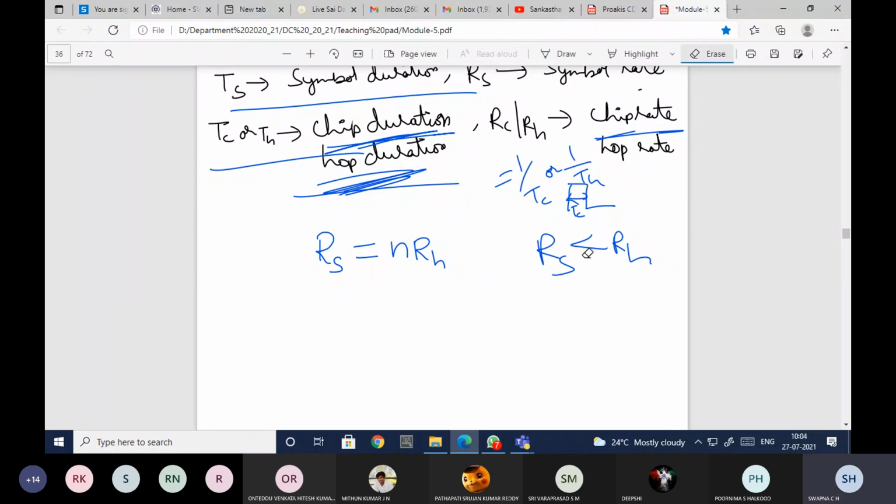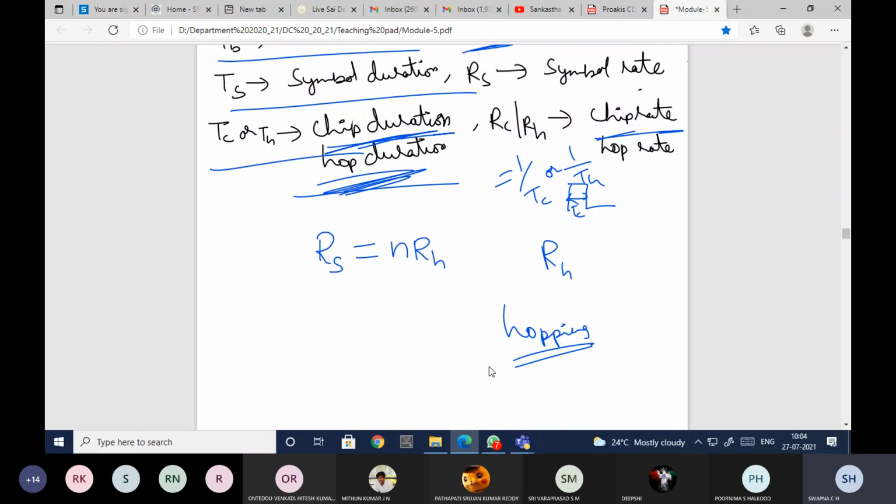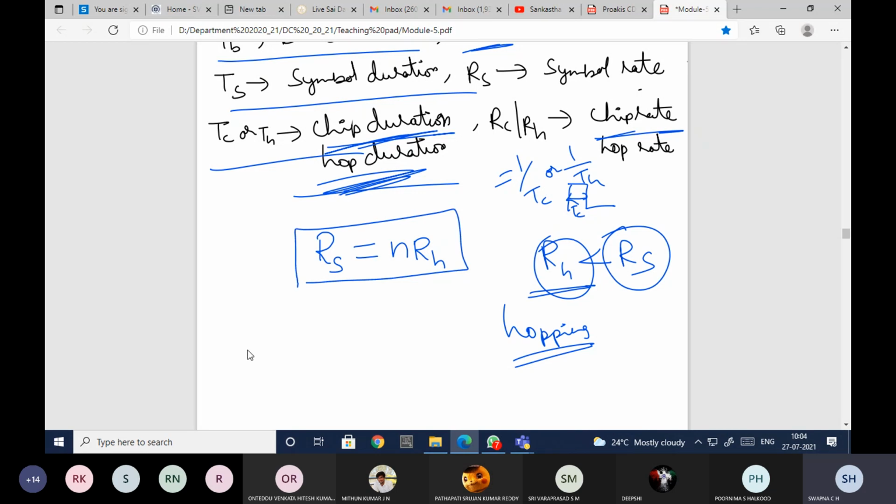The hop rate is the hopping rate; hopping, as I've already mentioned, is nothing but shifting from one frequency to the other frequency. So here the hop rate is less than the symbol rate. It means that the symbol rate is more than the hop rate.